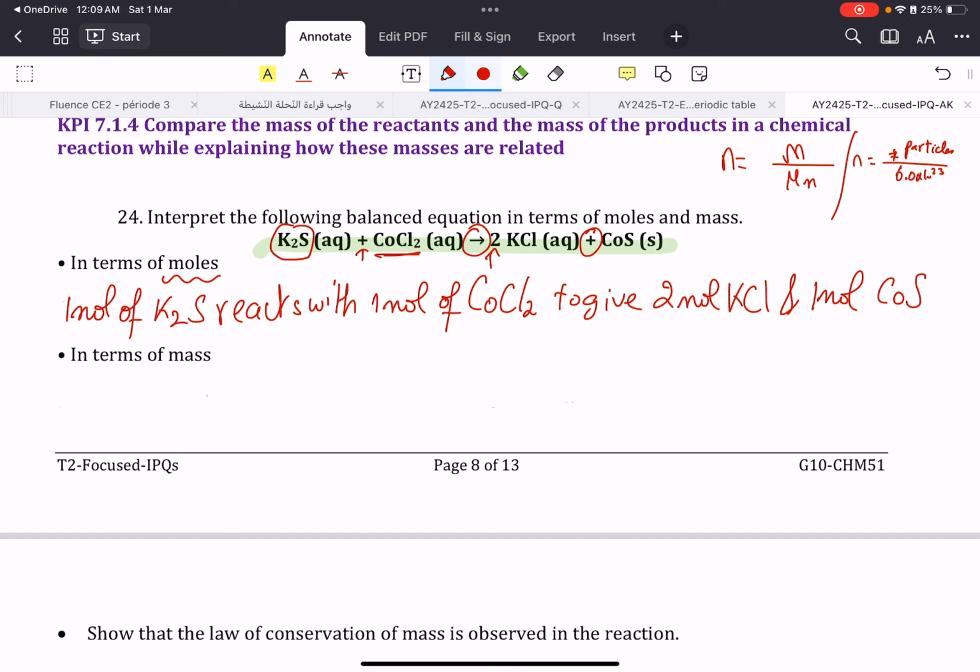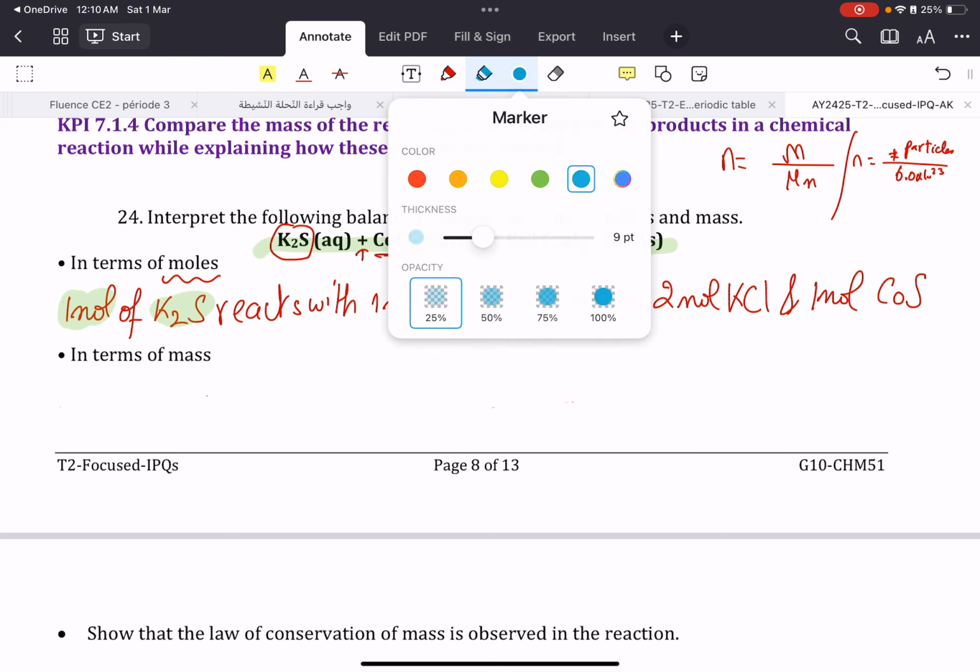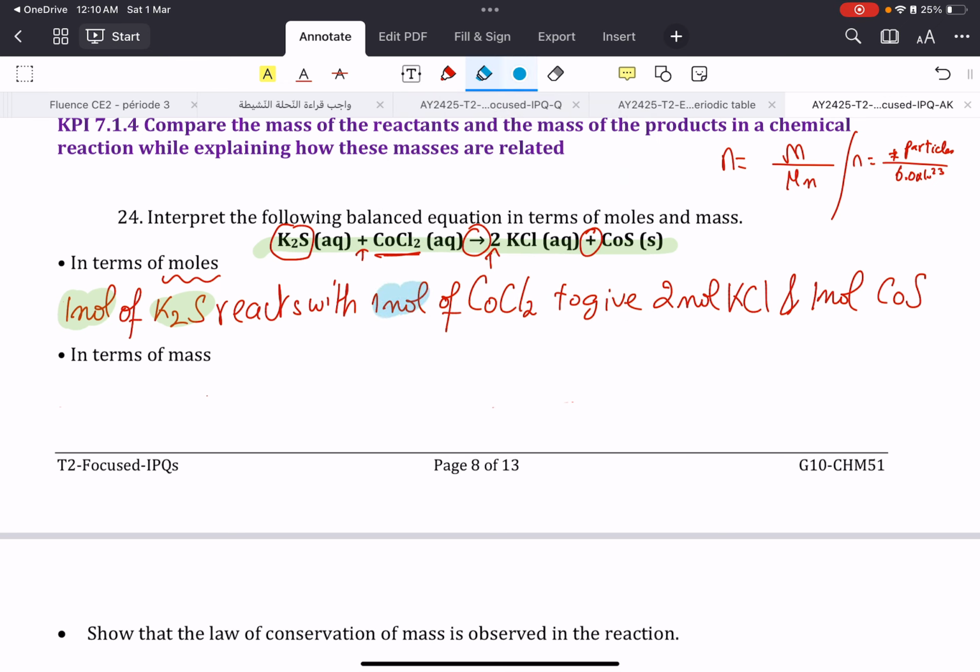Now, in terms of mass, you need to focus on the mole that you just found and multiply it by the molar mass. So like 1 mole, I need to multiply it by the molar mass of K2S to find the mass. And 1 mole of COCl2, you need to multiply it by its molar mass to get the mass.